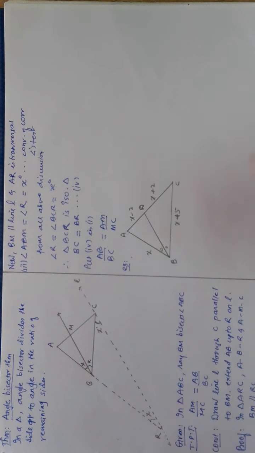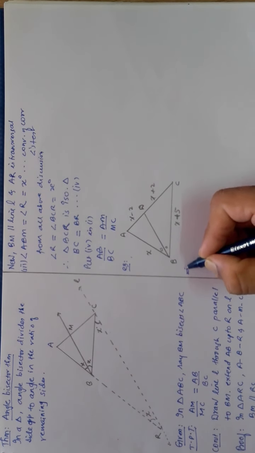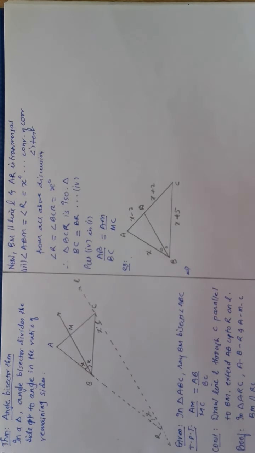If I have a triangle and a bisector, then it directly relates to the sides by the angle bisector theorem. That is, the angle bisector will relate it to the ratio of sides, and if I get the ratio of sides, then I can very easily find x.